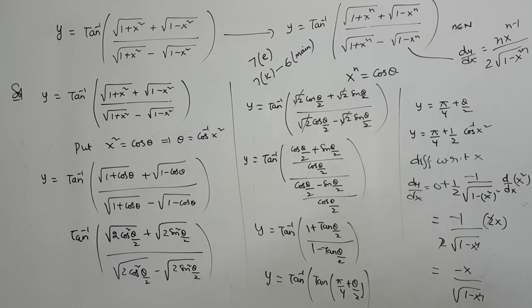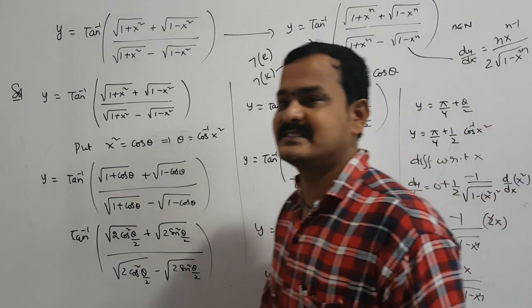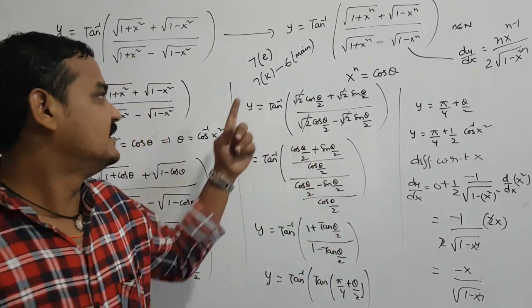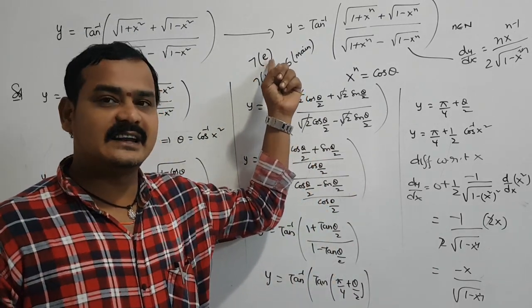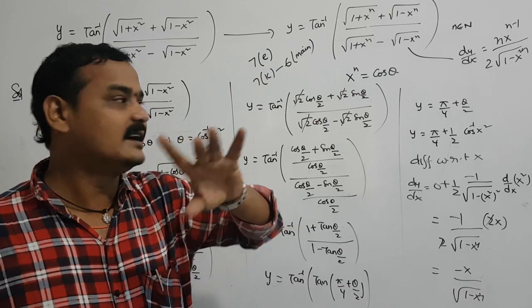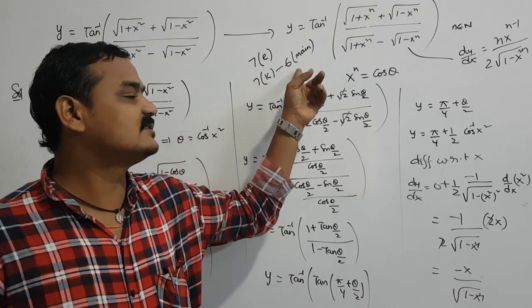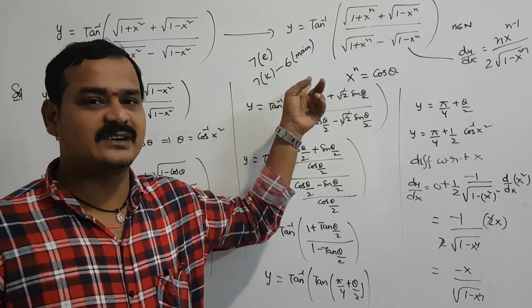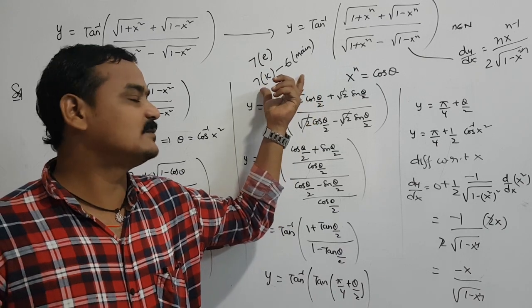The 7E exercise has questions related to the substitution method, and 7K 6th main has problems related to the substitution method, simplification method and chain rule. These are the two exercises. You can solve both of them.